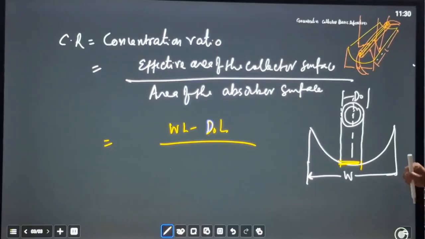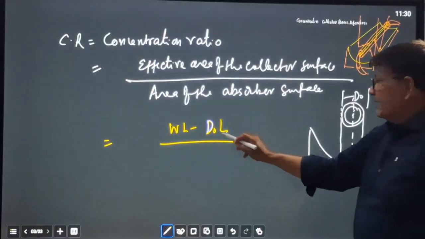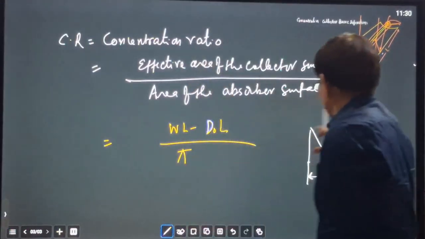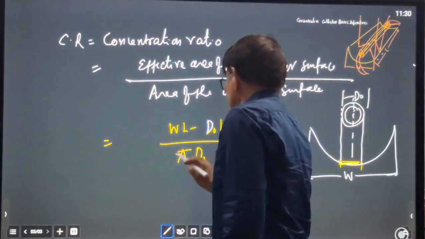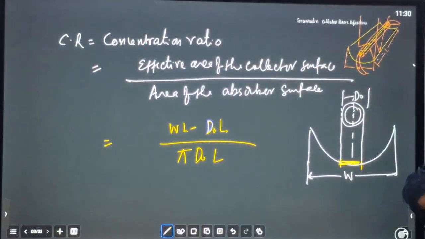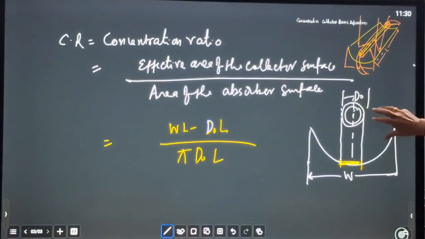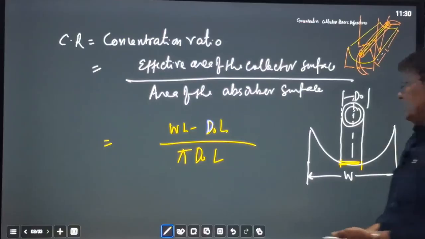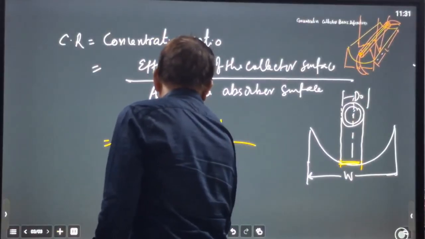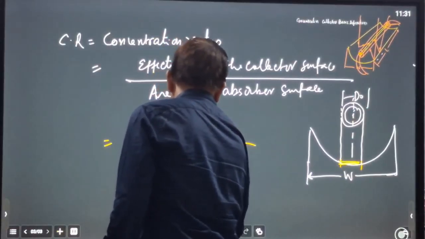That is why we subtract D naught into L, divided by the area of the observer surface, pi D naught L. Pi D naught L is the circumferential area of the observer tube, 2 pi r times L, where L is the length of the tube and collector. Taking L common, W minus D naught upon pi D naught L, so L cancels.